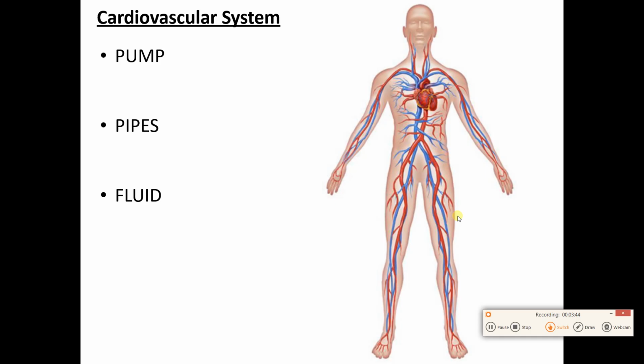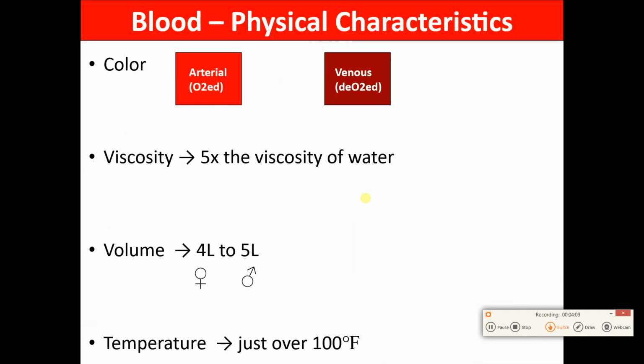When I look at this guy, I'm going to notice I've got red and blue as my two colors for blood. Well, that is just to make it easy for you. In pictures and models, the red indicates oxygenated blood, the blue indicates deoxygenated. Because just imagine how hard it would be if it were like bright red and dark red. It would be very visually challenging. All right, so that is the color of blood.